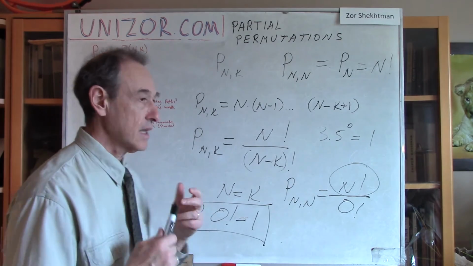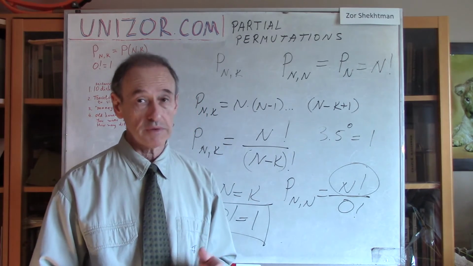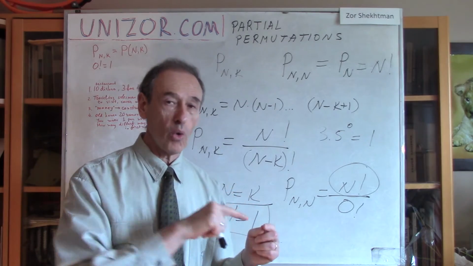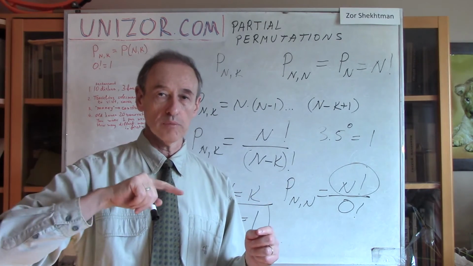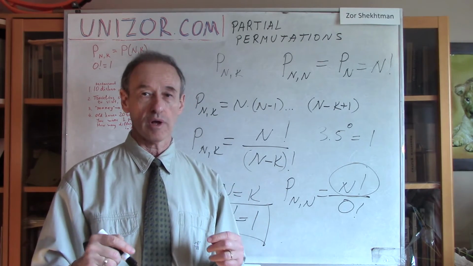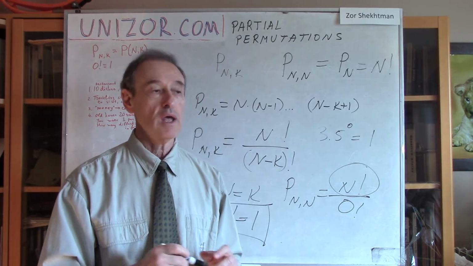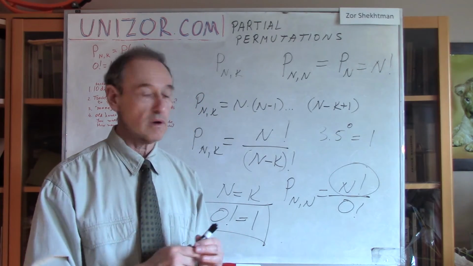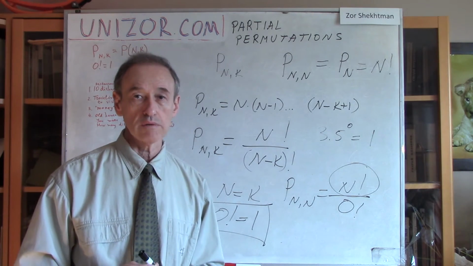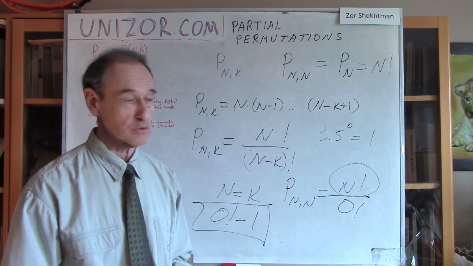Now, there is a special function in higher mathematics, it's called gamma function, which for all natural numbers is exactly equal to n factorial. But it's defined for every number in between, and in particular, this function at 0 is equal to 1, as well as this function at 1 is also equal to 1.